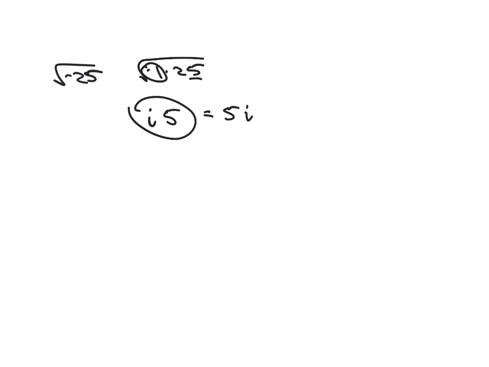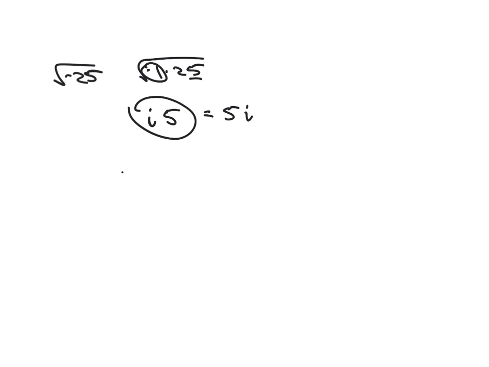So if it helps, the square root of -1 is equal to I, and then we have the square root of 25, so that gives me a 5. And when it's that way, then you automatically change it to 5I. Usually you set your I after the number.